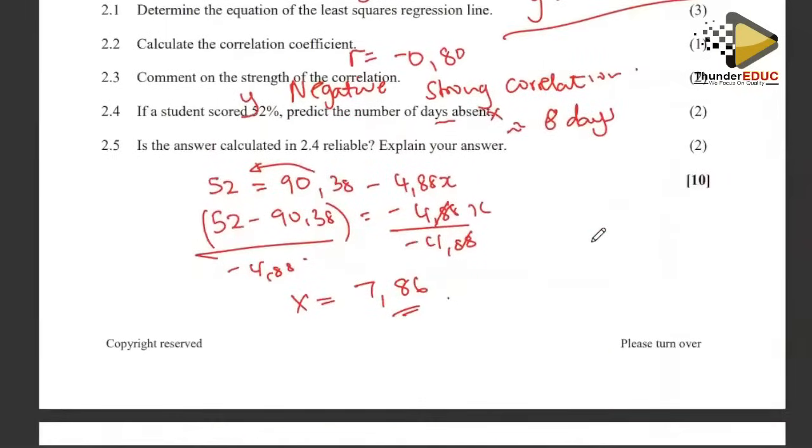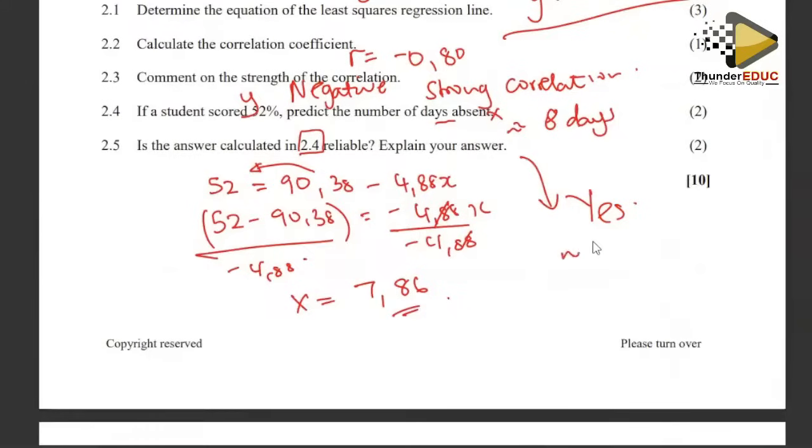Then, is the answer calculated in 2.4 reliable? What would be our response in this case? The response would be yes. Why is it a yes?